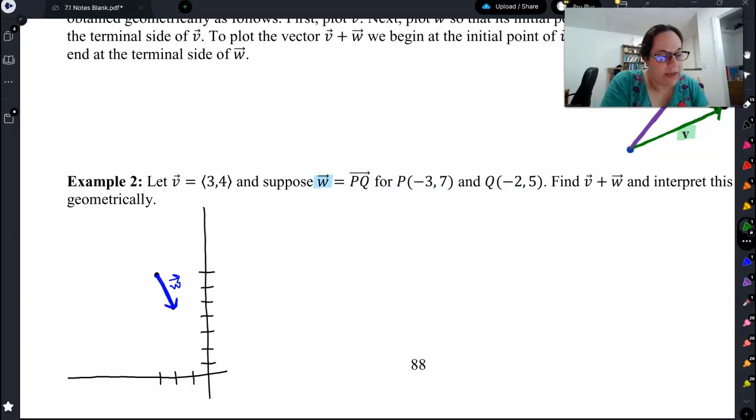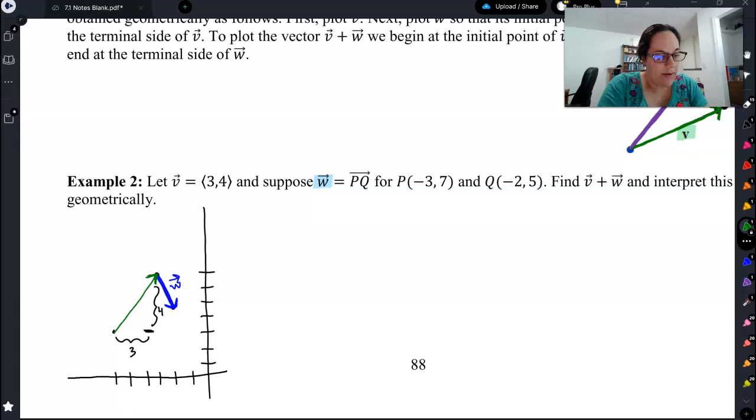So I want V to end here. So if I'm putting that in component form, V should go down 4, because that will give me a Y component of 4. And it should go over 1, 2, 3, because it should have an X component of 3.